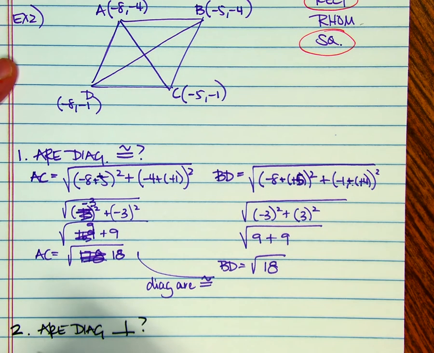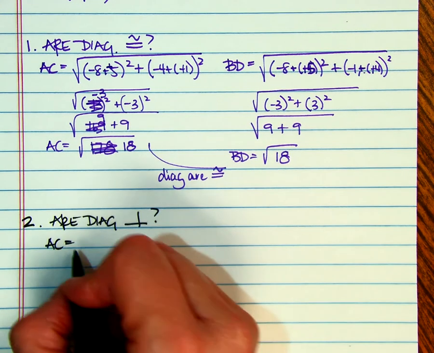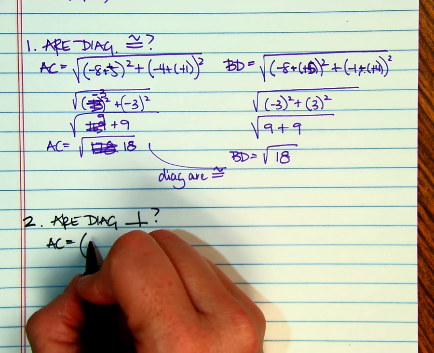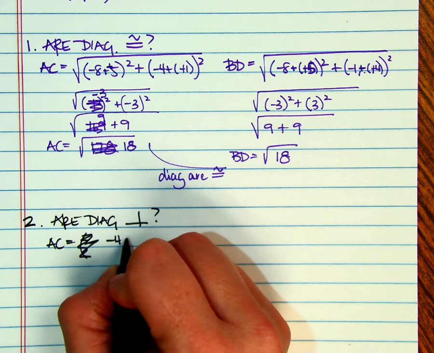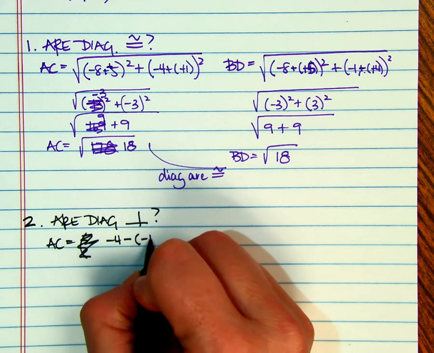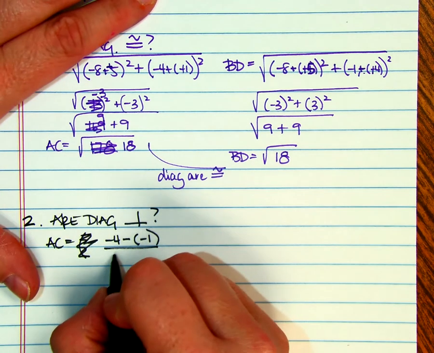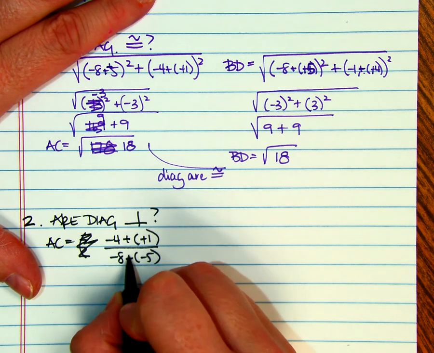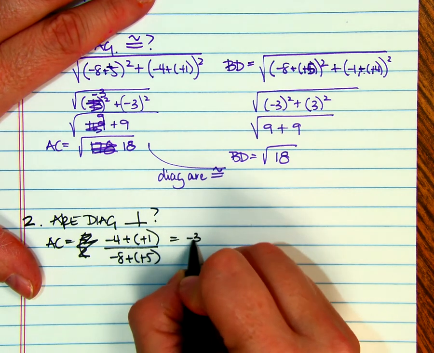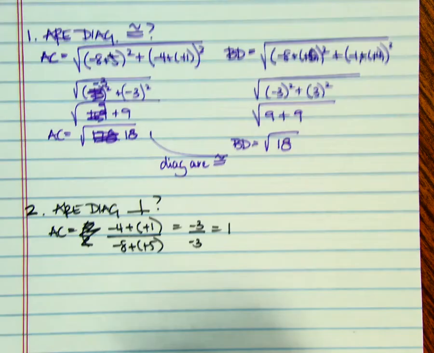So I have AC. Remember, perpendicular means that we're going to be using the slope formula. So AC is -4 minus -1, which is part of the formula of slope, over -8 minus a -5 plus a positive, I get -3 over -3 gives me a +1.